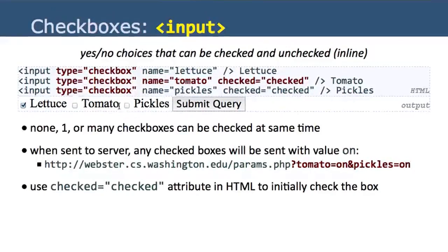So this form right here is configured to submit to a testing program that we have set up on Webster, webster.cs.washington.edu/params.php. What this does is just sort of a debugging tool. If you configure your form to submit to that, it'll output whatever parameters were passed to it. In this case, I'm selecting lettuce and pickles, but I'm not selecting tomato.